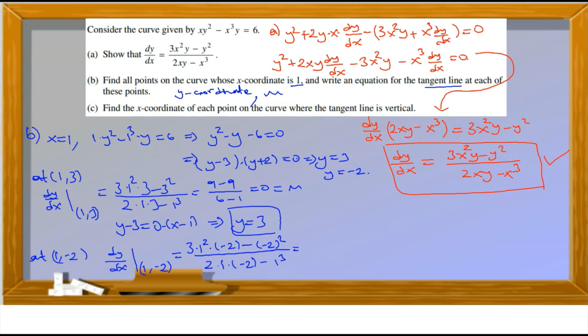This is negative 6 minus 4 over negative 5, so the slope is equal to 2. Reapplying point-slope form, we get y minus negative 2 equals 2 times x minus 1. From here, our tangent line equation is 2x minus 2 minus 2, so the tangent line equation is y equals 2x minus 4.